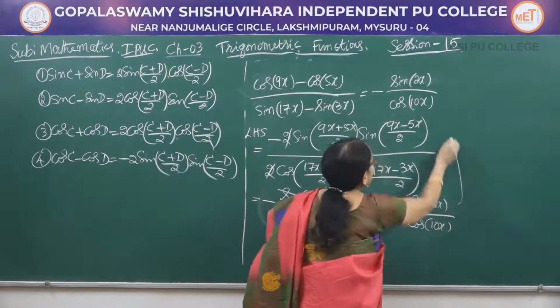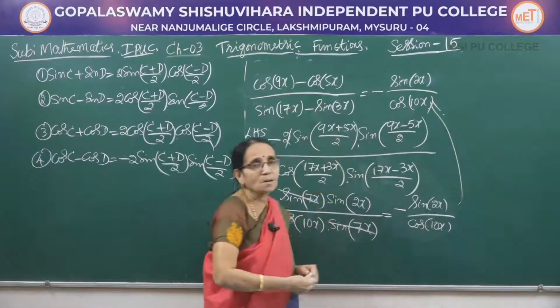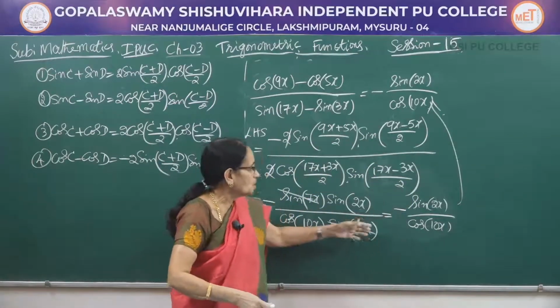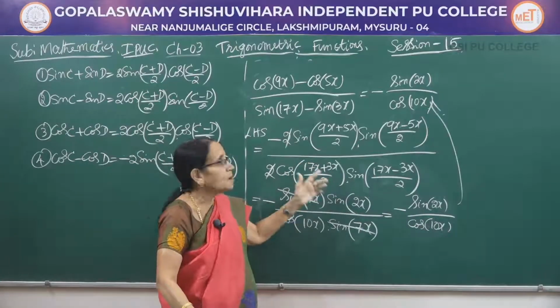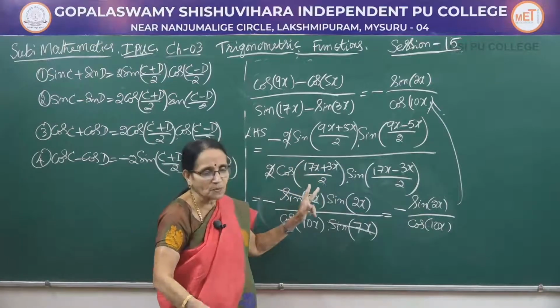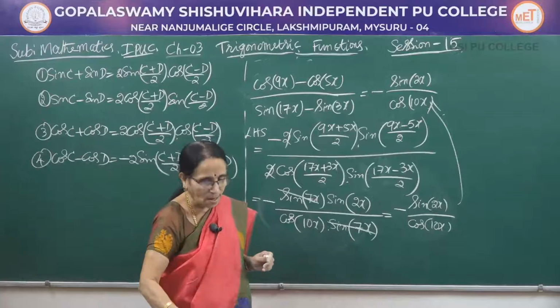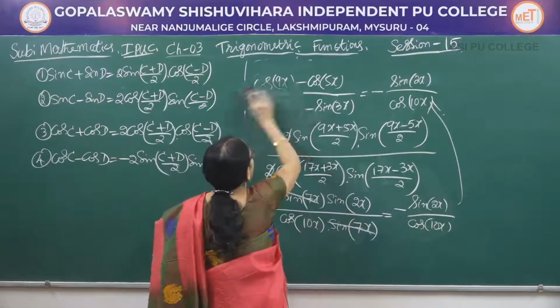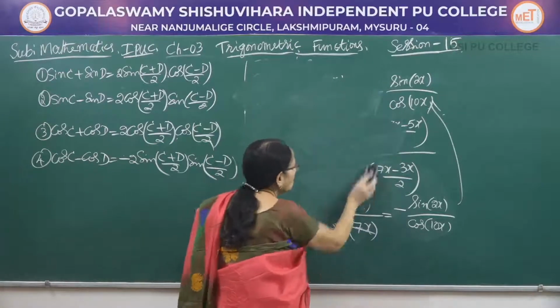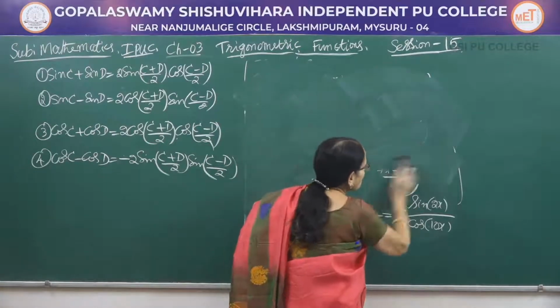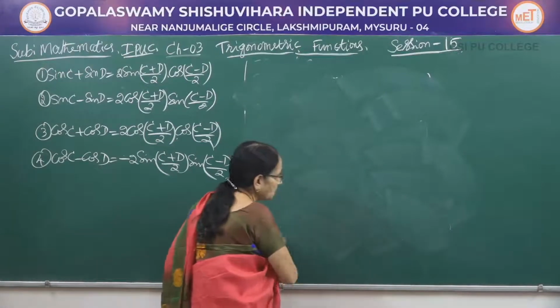You observe that that is nothing but the right hand side we wanted here. In the earlier two problems it was cancelled directly, whereas here only after simplification this is getting cancelled. Now let me consider another problem where I'll be getting a half angle.